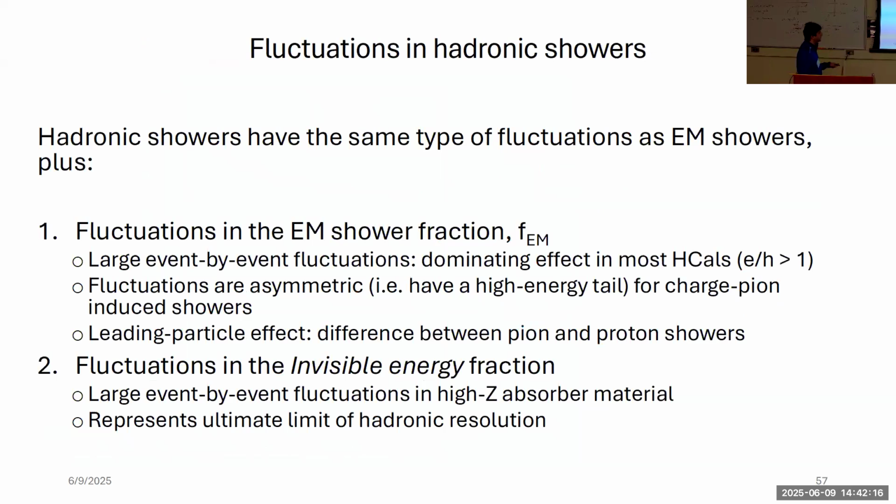So what are the two things that actually matter? One is the fluctuations in this EM fraction, and one is the fluctuations in this invisible energy loss fraction. The first part is what actually dominates for most non-compensating HCals, okay?